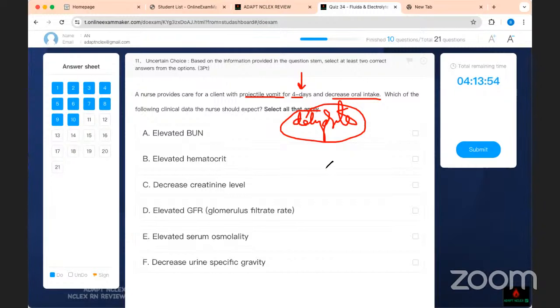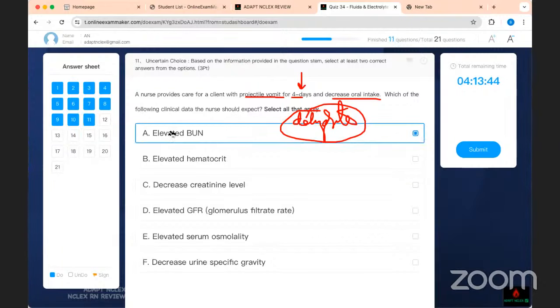If you lose water, what are you going to expect in this situation? Your BUN is going to dry up and the value is going to go up. Your blood will become concentrated, right? Your hematocrit goes up. What about your creatinine?